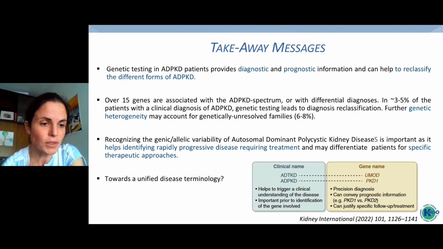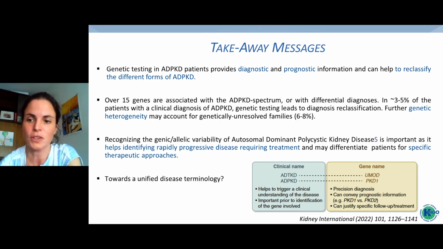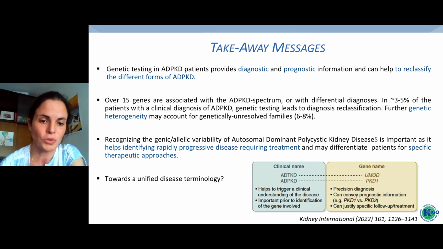And I hope that we will move toward a unified disease terminology, maybe similar to what was proposed in AETIOLOGY, because two-part naming comprising both the clinical condition and the gene name can provide clarity to both practitioners and patients, and this was underlined in the recent controversy conference report, the KDIGO of CKD and genetics in CKD.